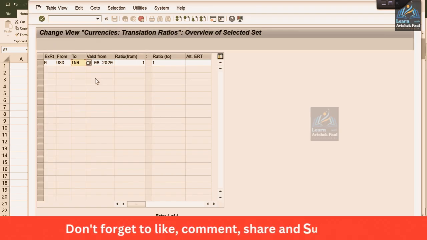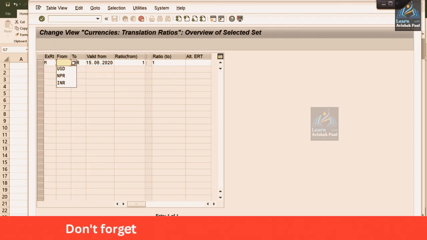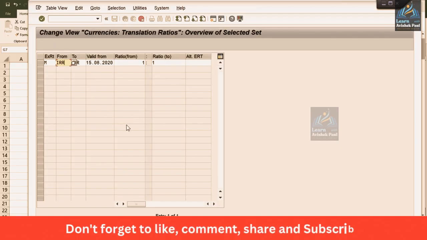So here IRR versus, if Indian currency I'm going to specify, okay, instead of USD I'm going to specify IRR, right? So in that case what is happening, guys?